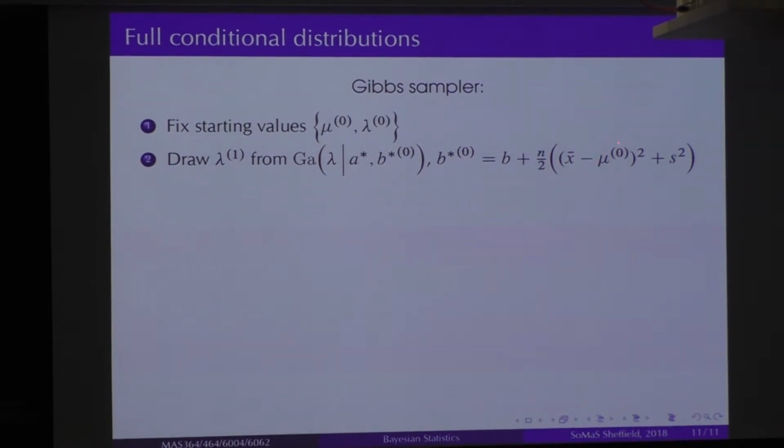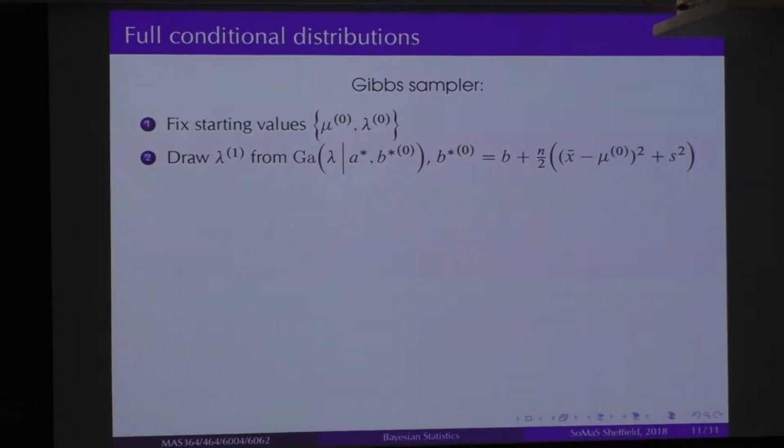So I will use that to fix that parameter. I will generate a random number from this gamma distribution with those two parameters. And because I have acceptance rate 1, that will immediately become my current state of the chain for the parameter lambda. Okay?